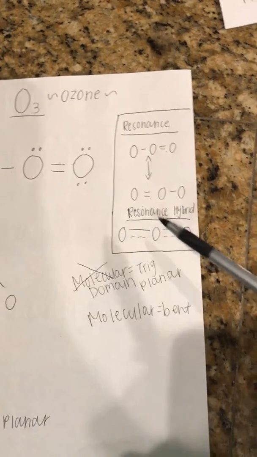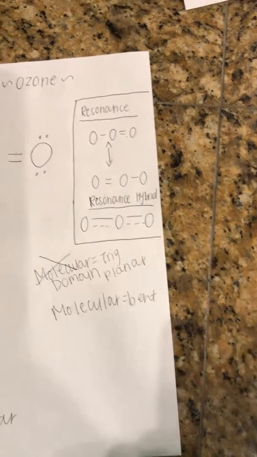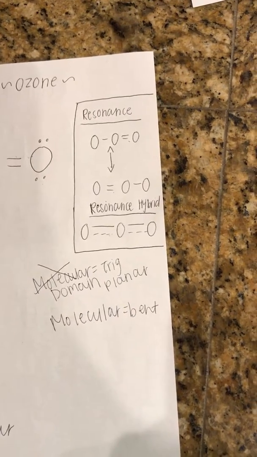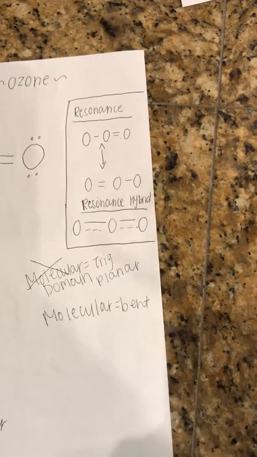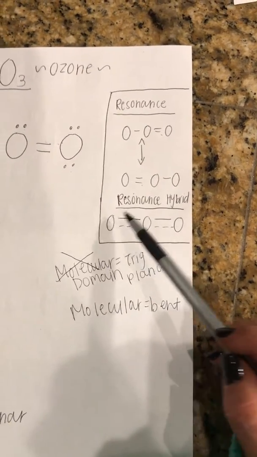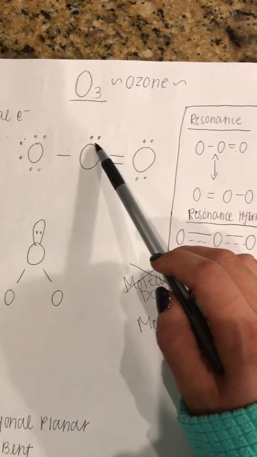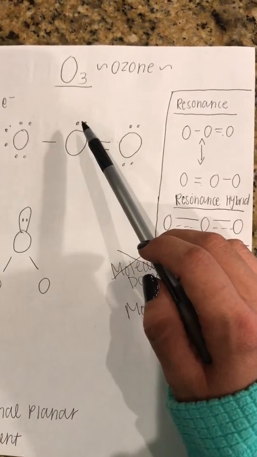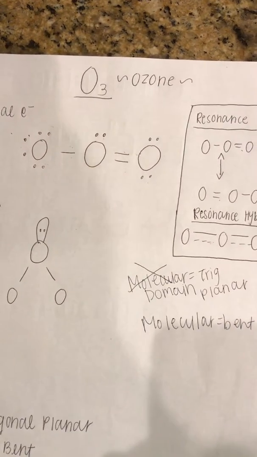So the actual molecule will be a hybrid of these 2 structures as noted by the dotted line. The actual molecule will have 1 1/2 bonds on each side, but both of these bonds will be identical. These 2 domains are equal, but the third is not because it's a non-bonding pair. So because we have 3 domains and one is different, the molecule is polar.